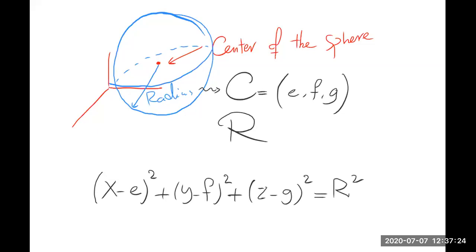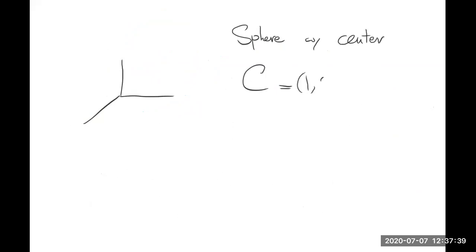Let's look at an example to understand what's going on. So, for example, consider the sphere with center C equal to (1, 2, 3). So where is that? x is 1, y is 2, and the last component z is 3.